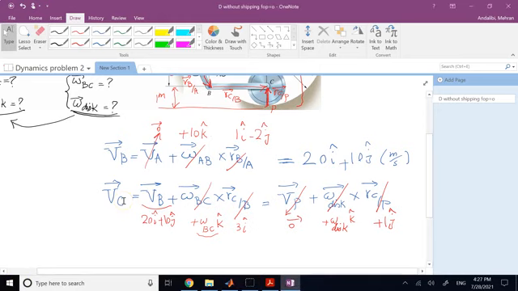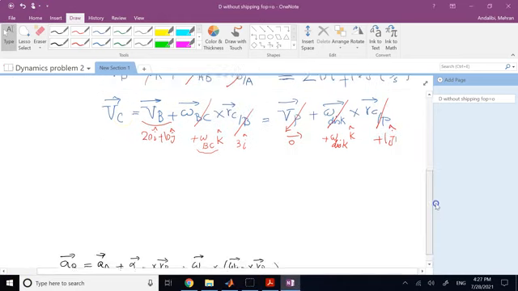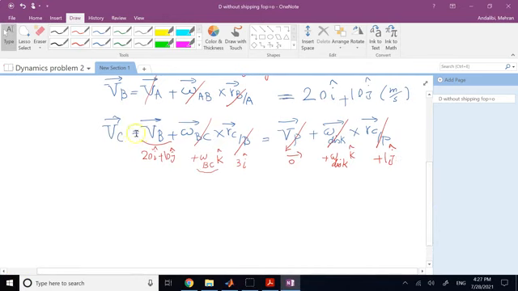So now we carry out the cross products, and we have two scalar equations coming out of this vector equation, right? Because these two vectors, this guy here on the left and this one on the right, are equal, which means their i components are equal and their j components are equal.